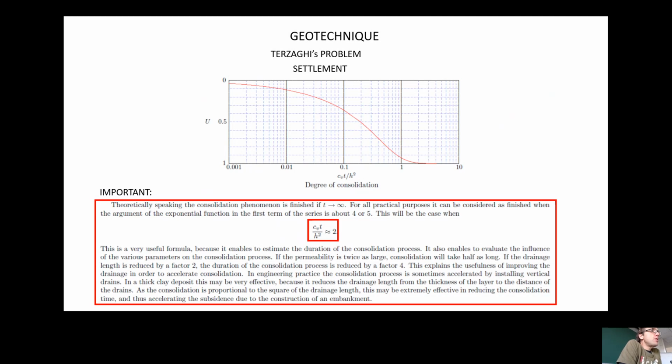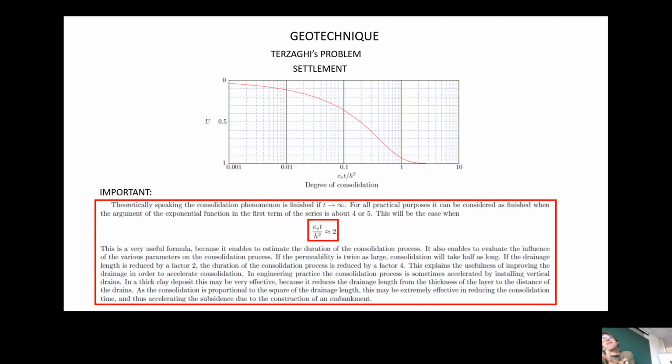For all practical purposes, it can be considered as finished when the argument of the exponential function in the first term of the series is around 4 or 5, or in other words, where we are here, CvT/H² is around 2.